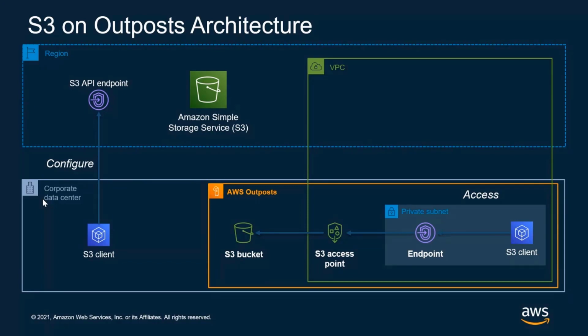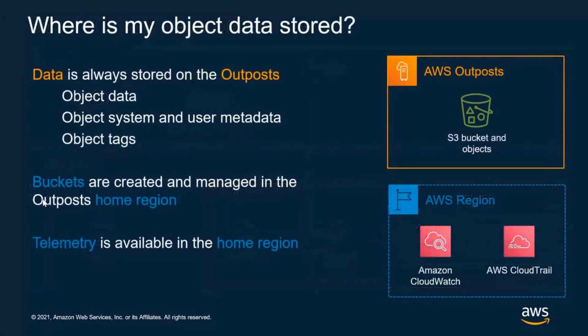It's managed from the region and controlled from the region, but the data is ultimately stored within your data center on S3 on Outpost. So essentially, in this scenario, object data, object system and user metadata, and object tags are all kept on Outpost. The buckets are created and managed in the Outpost home region using that kind of region-based control plane model that I talked about.